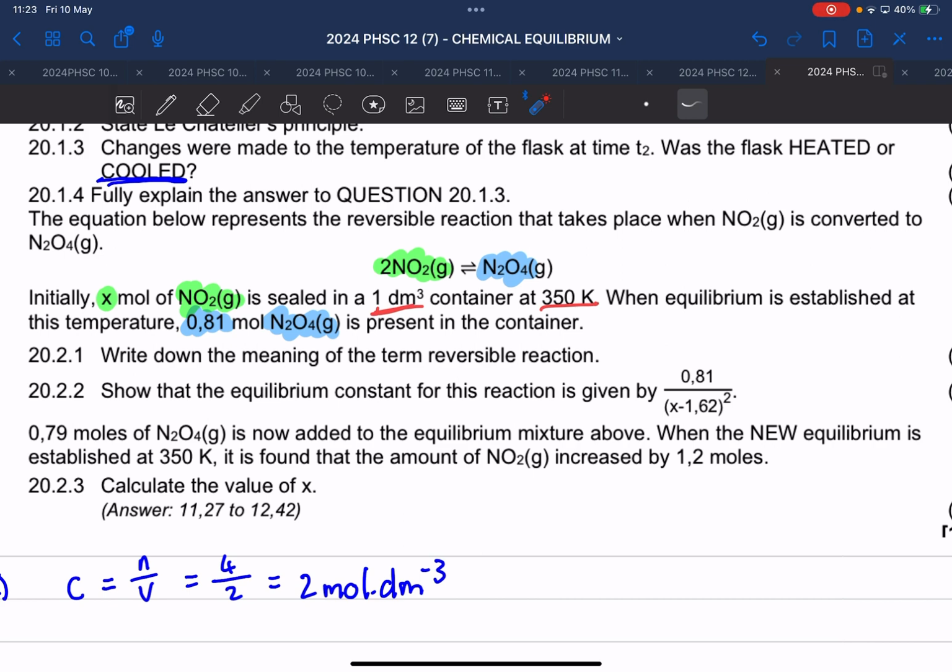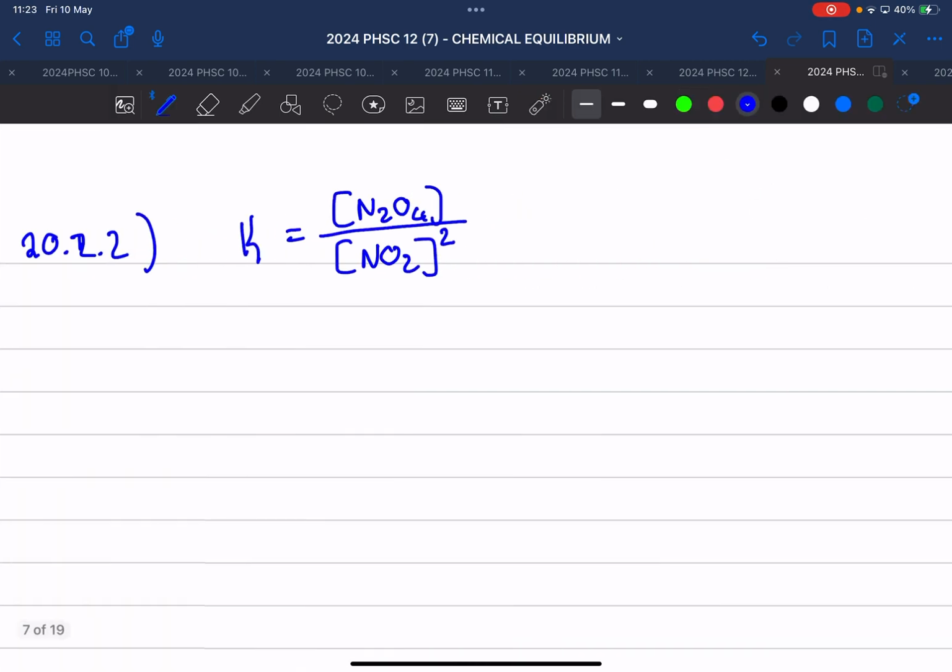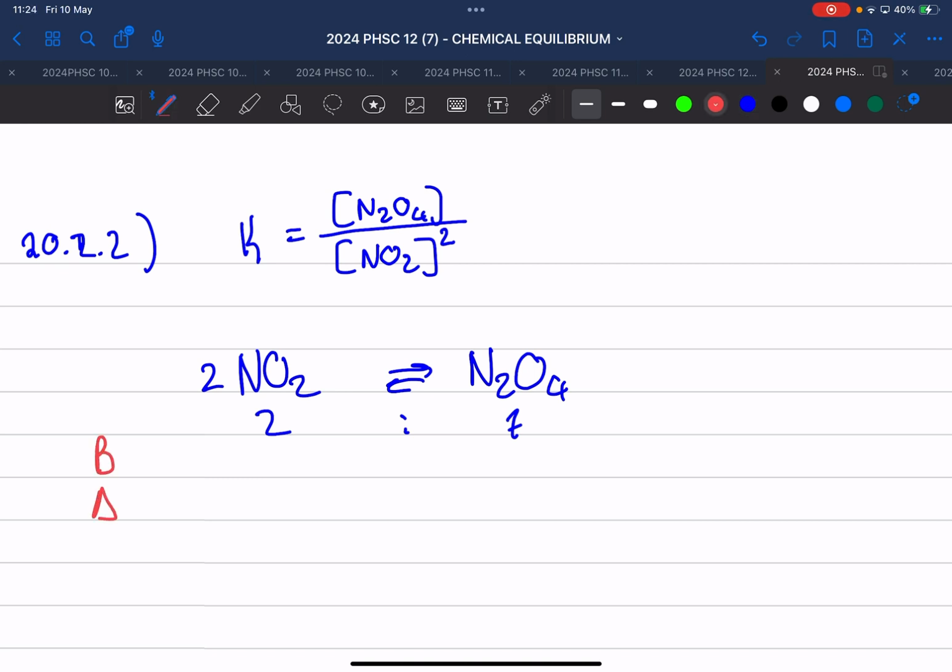Mole table, thank you. So we have 2 NO2, which is in a reversible reaction with N2O4. So we know we have a 2-to-1 ratio. Then we have beginning, change, and end.